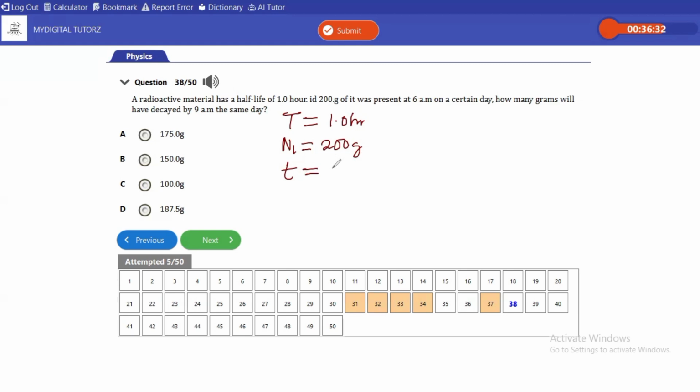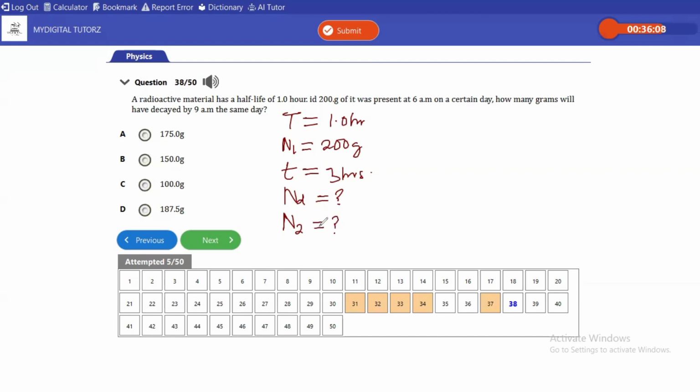So time of decay is 3 hours. Now we're looking for the number of atoms that will decay, let's call it ND. We don't know it. But after 3 hours, let us find the number of atoms that will be left, call it N2. We also don't know the number of atoms that will be left.